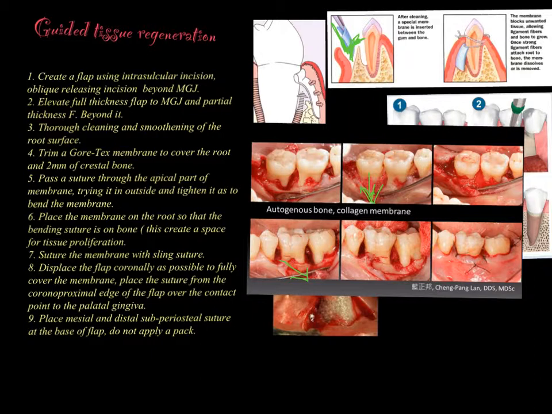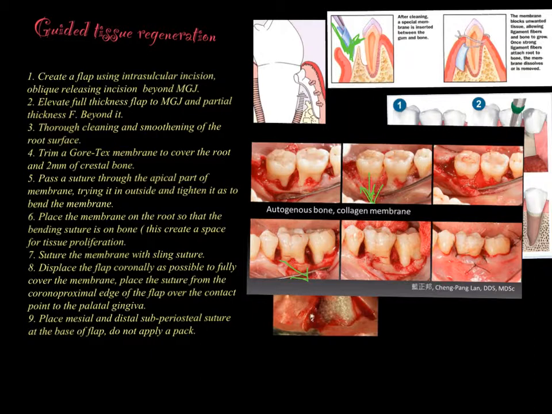Then we place the membrane on the root so that the bending suture is on the bone. This creates a space for tissue proliferation and forms a pouch for new regeneration.